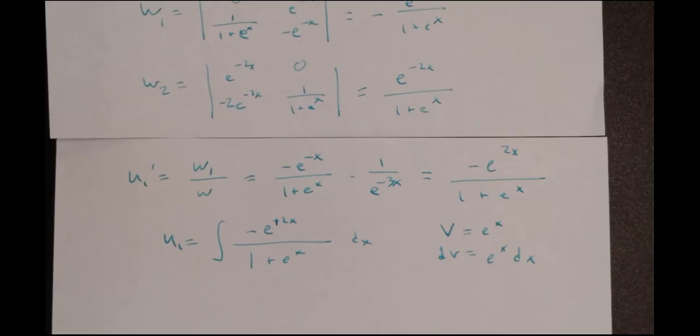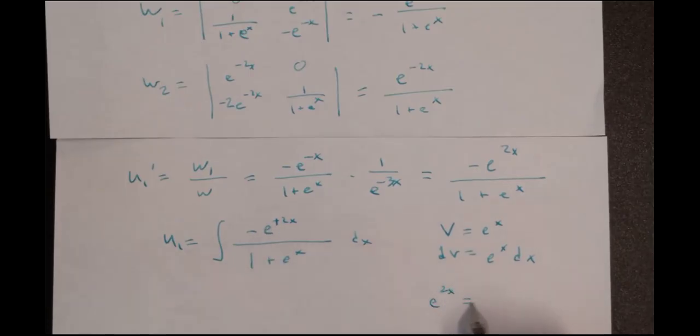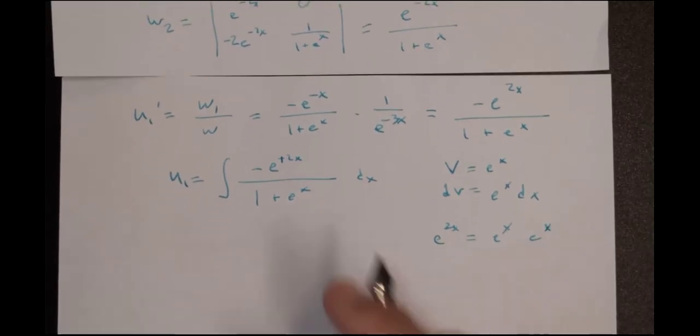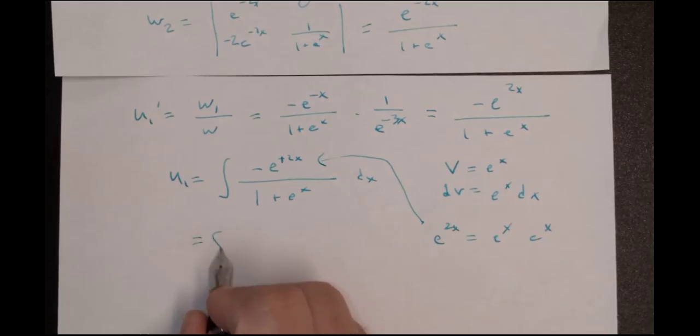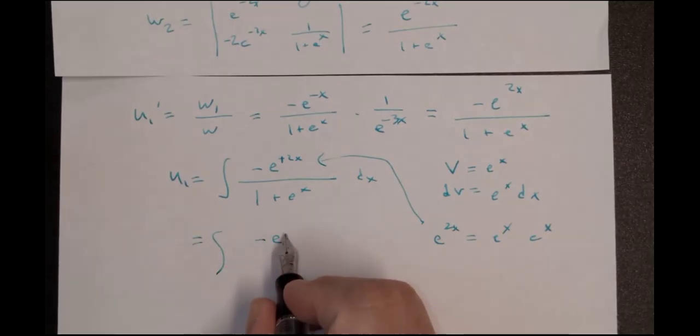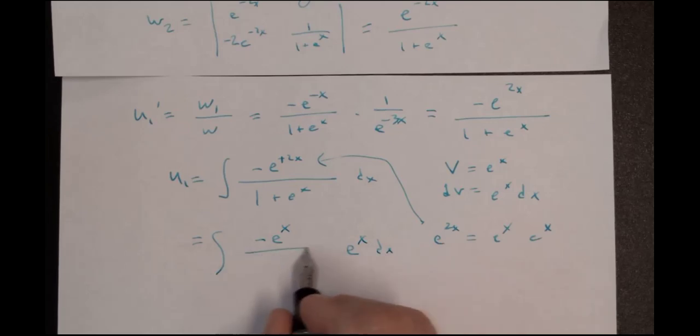What if we take one of those, e to the 2x is e to the x times e to the x. You multiply with the same base, you add them. So let's take e to the 2x and write it as e to the x, e to the x in the top here. Like that.